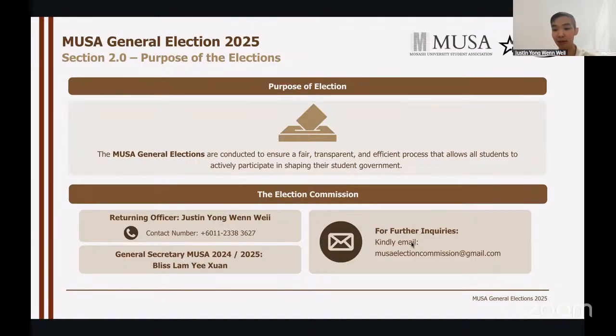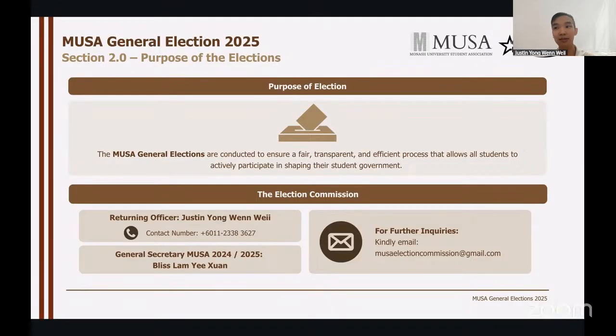If you have any inquiries relating to the elections or any questions you want to ask, and you want a more informal conversation, you can always WhatsApp me. But if you have any formal inquiries, we would prefer that you send it through the Gmail here, so that we'll be able to keep track of it and it's properly documented.